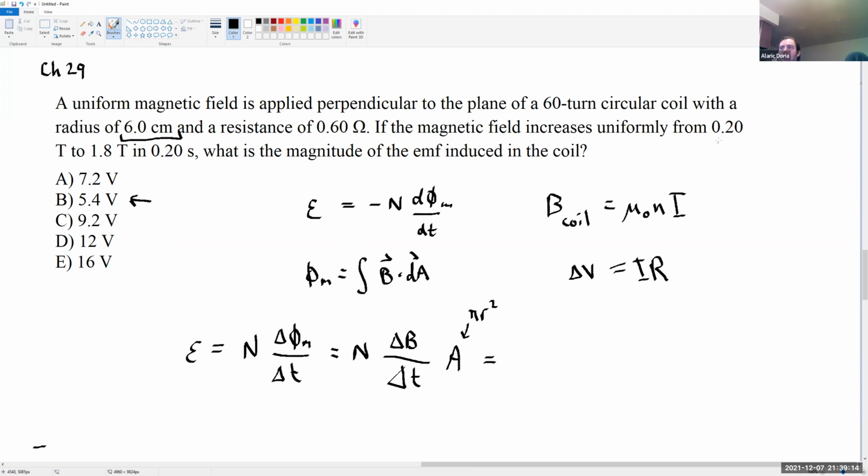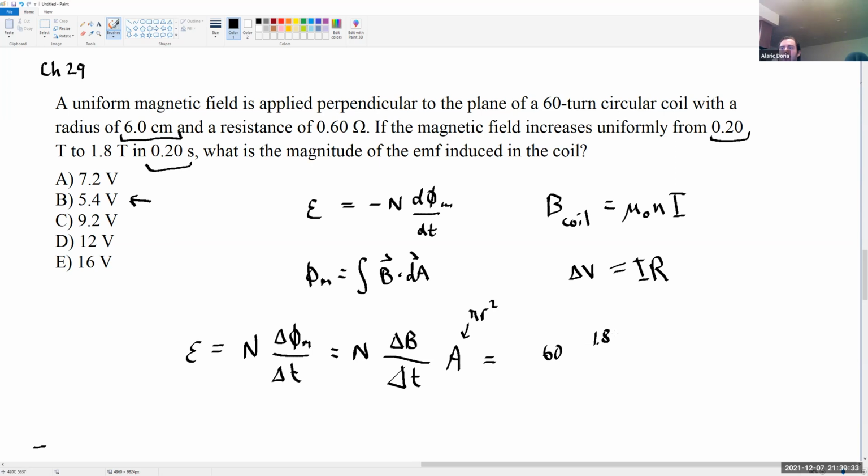For our magnetic field, we have 0.20 Tesla initially and 1.8 Tesla finally, so 1.8 minus 0.2 is 1.6, divided by the 0.2 seconds for delta T. We have 60 turns.